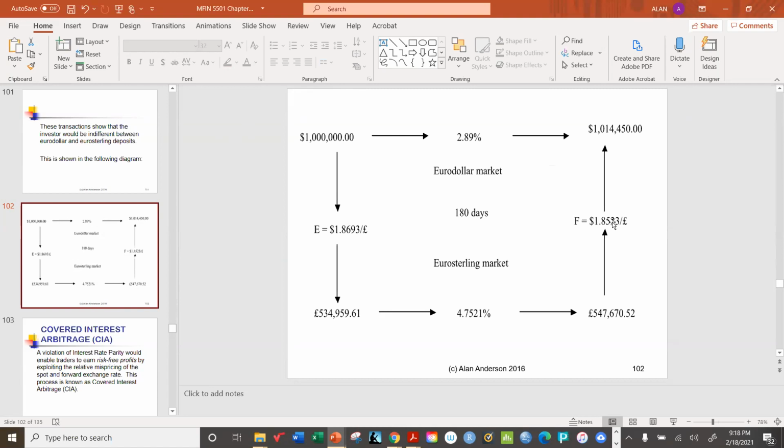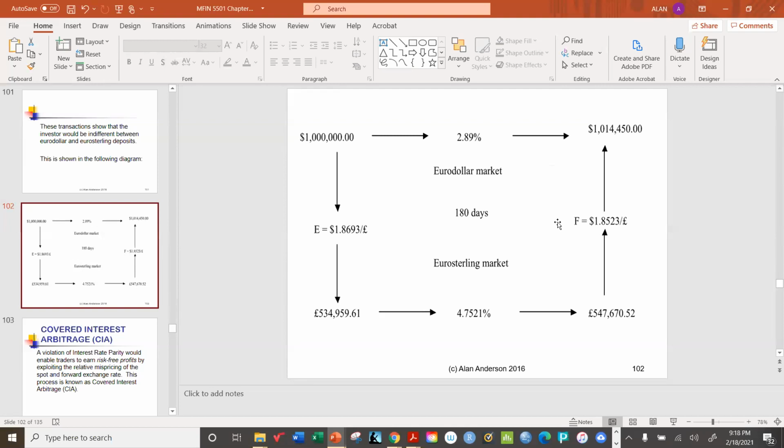So that tells me that this is the correct forward exchange rate, because you can see there's no arbitrage opportunities. But if this number is off, that means one currency will be more profitable than the other. And that, as we'll see, gives me the opportunity to earn arbitrage profits.